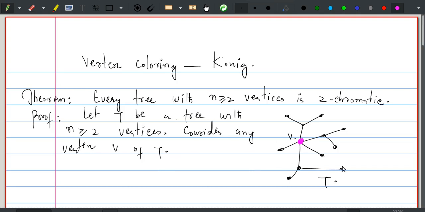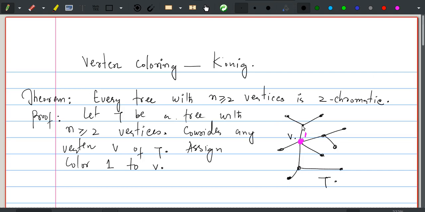Now let us call this pink color, color 1. So we assign color 1 to v. Now let us look at all vertices which are neighbors to vertex v, I mean all vertices which are at a distance 1 from vertex v.